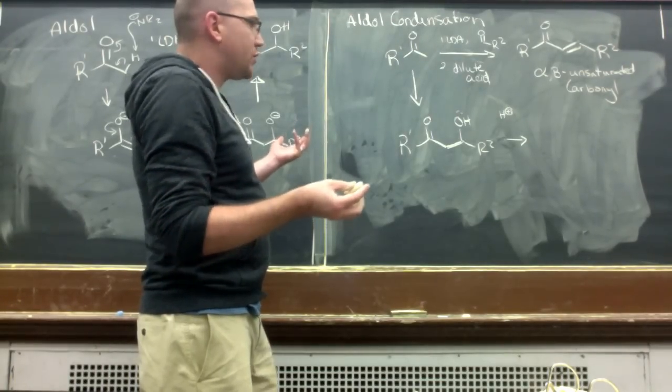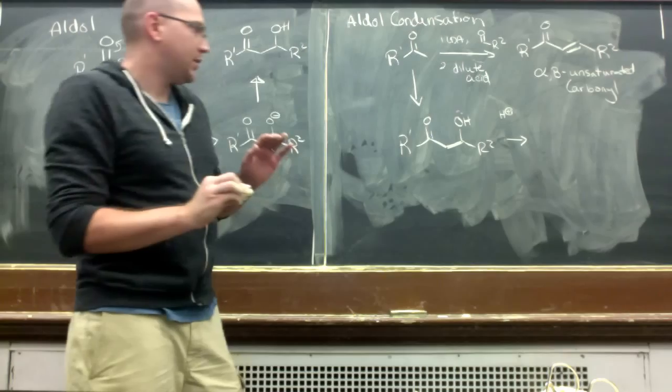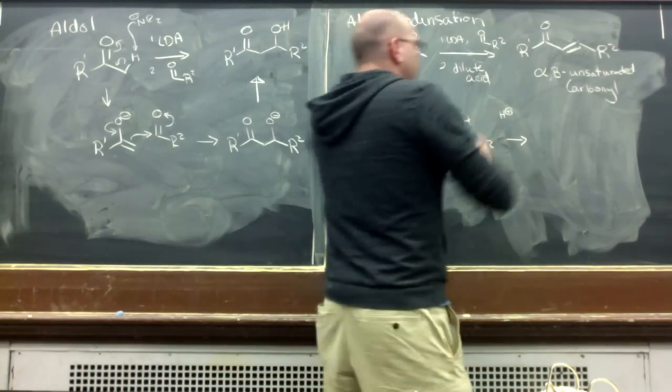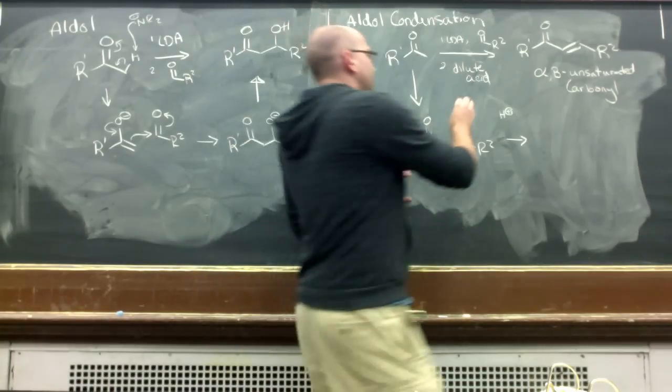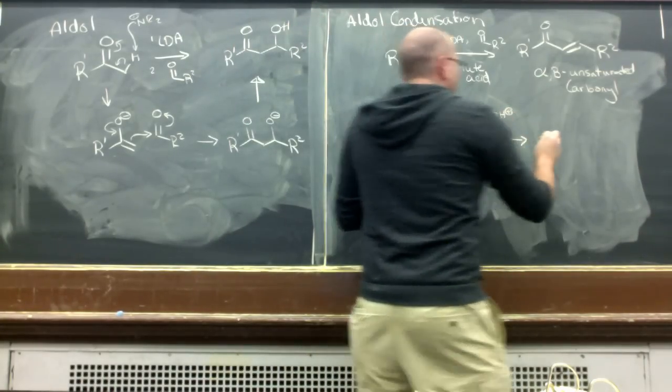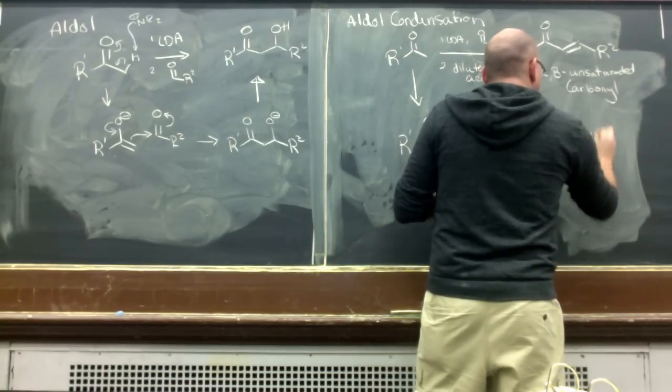One way that you could think about it that might be best. There's many different ways you can draw this mechanism. I'm going to show one, and then we'll discuss, and if you want to ask, well, what if I did this?